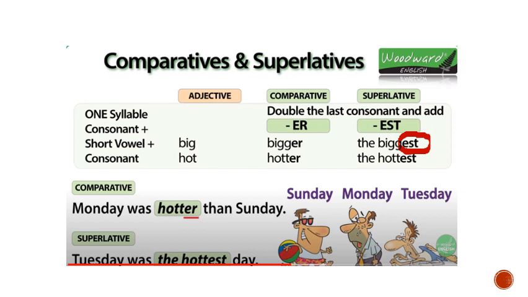Comparative. Monday was hotter than Sunday. Pra e hëna ishte më e nxehtë se e diela. Atëherë këtu është dyfishuar t-ja dhe shtuar er. Superlative. Tuesday was the hottest day. E marta ishte dita më e nxehtë.